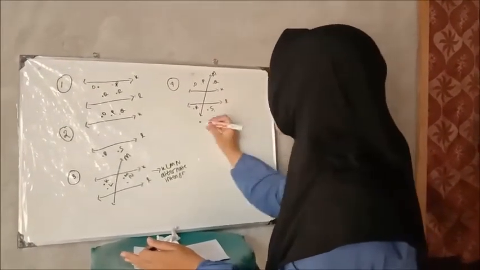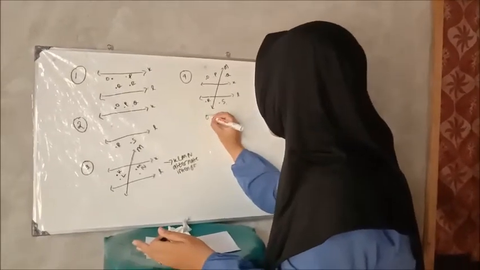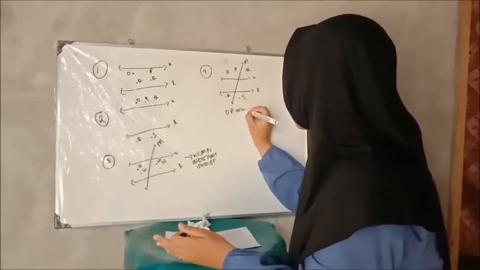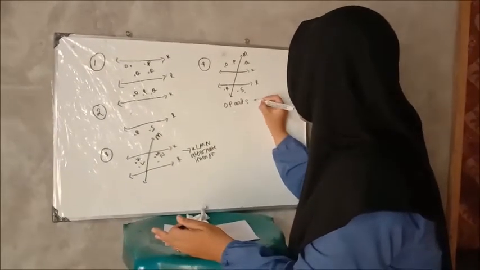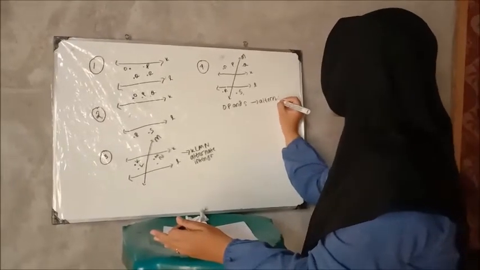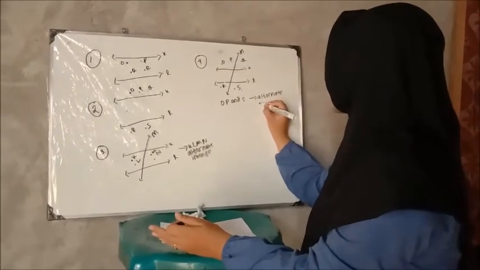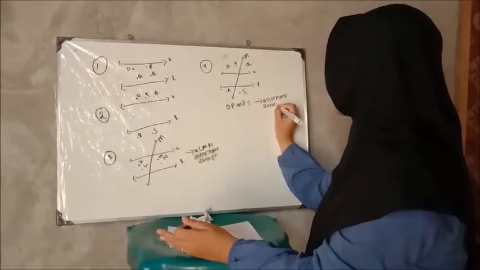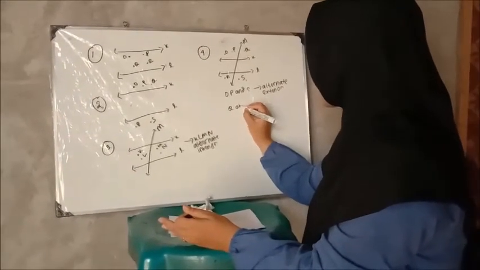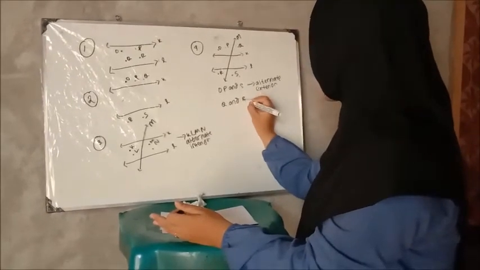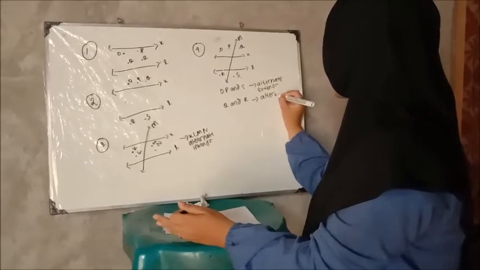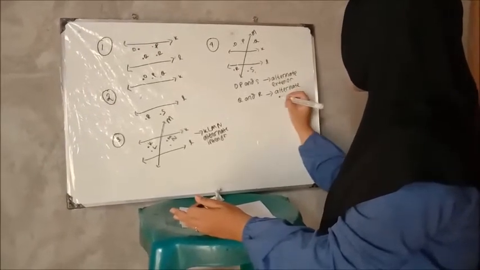Okay. I will write it. O, T, N, S alternate exterior. Q and R also alternate exterior.